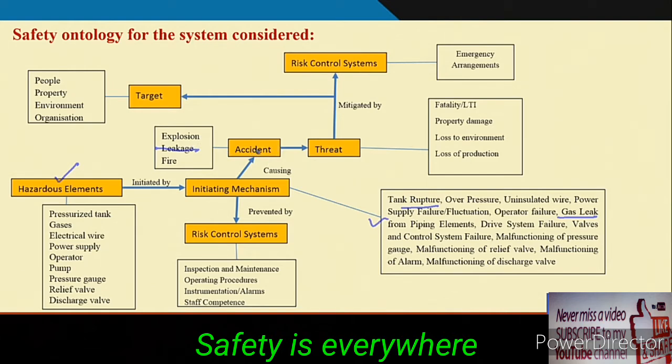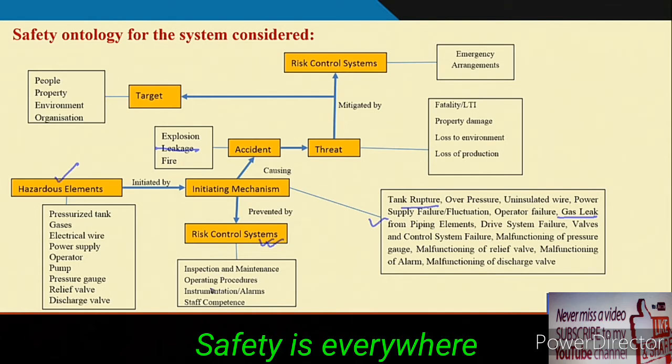So, then the accident should not happen if the initiating mechanisms do not align, that means the accident path is not created. So, in order to break the accident path, I told that there will be risk control system.